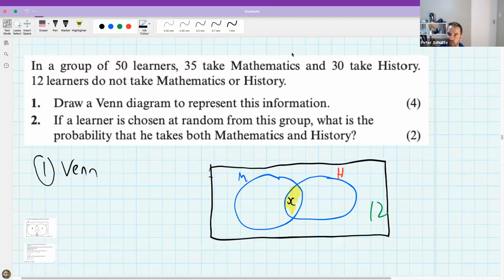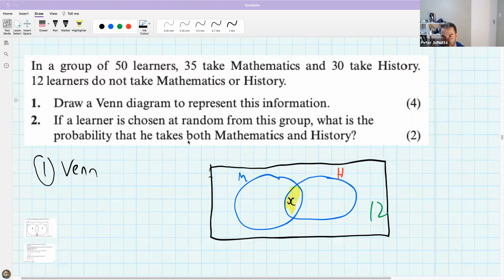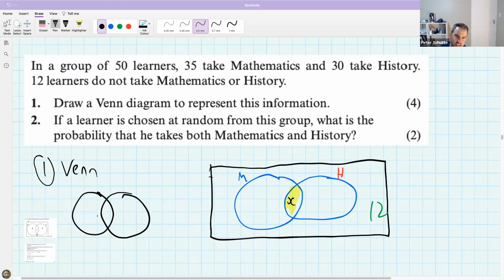How do you know they intersect? Ooh, that is a good question, Paul. The reason I know they intersect is that you have 50 in total, 12 don't, so there's 38 that do mathematics or history.